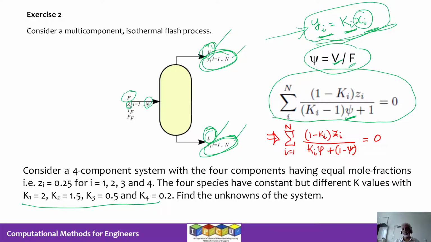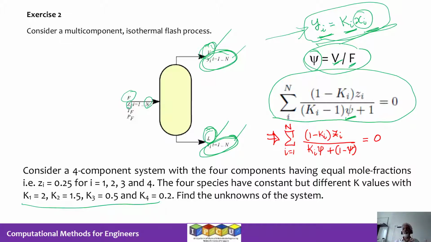That is the symbol psi. So you can reduce this problem to one where you have to find psi. Once you find psi, you can multiply psi by F to get V. Once you get V, you can get L as F minus V. So you've got V and L by now.